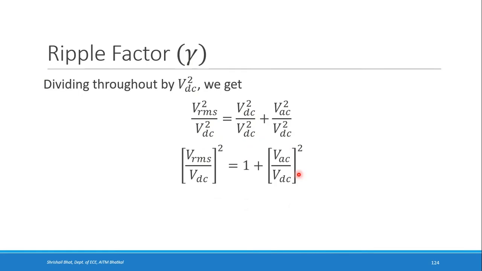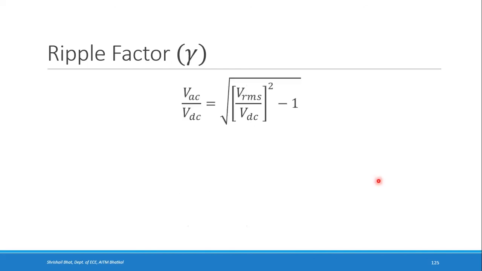We are doing this because we want the expression for VAC by VDC. If I rearrange, VAC by VDC the whole square is equal to Vrms by VDC the whole square minus 1. Then VAC by VDC is the square root of Vrms by VDC the whole square minus 1.